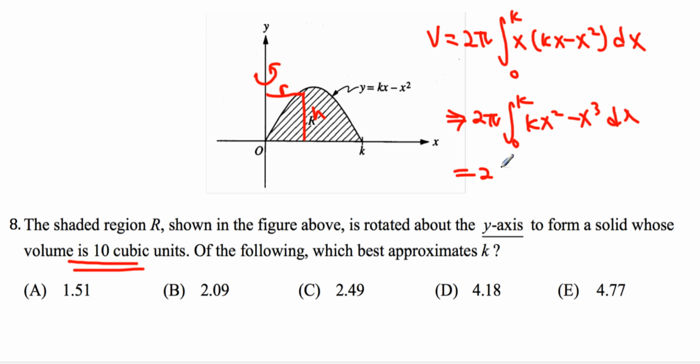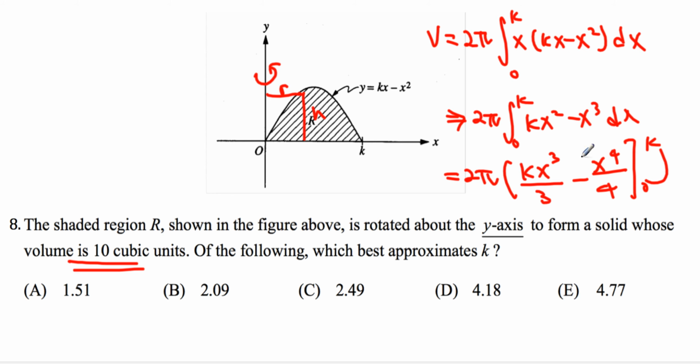Of course, this is equal to 2 pi, and then here we get kx to the 3rd power divided by 3 minus x to the 4th power divided by 4, which goes from 0 through k.